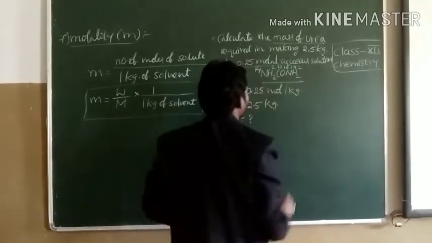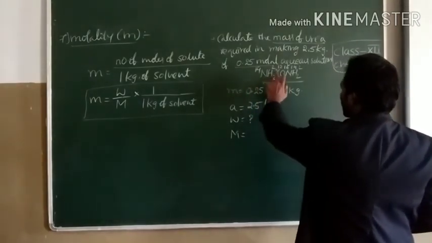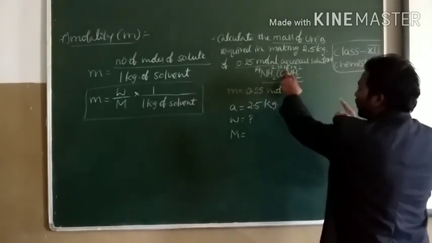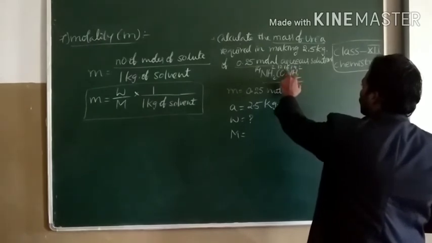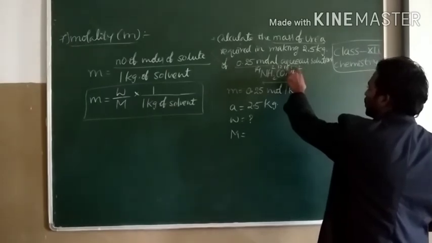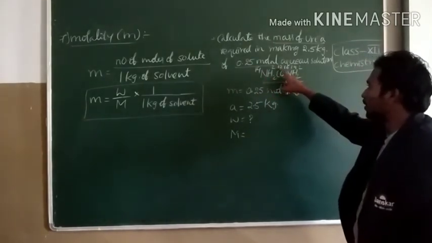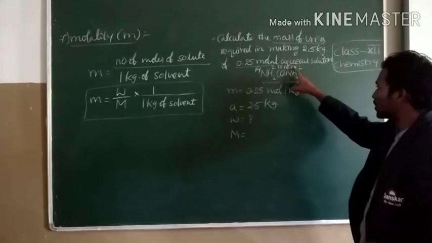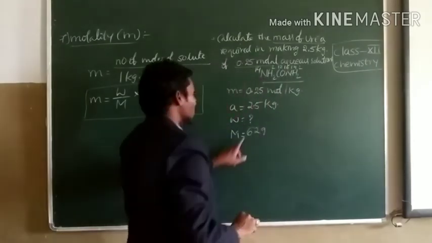Again nitrogen 14, and 2 hydrogens. 14 plus 2 is 16. 16 plus 12 is 28. 28 plus 16 is 44. 44 plus 16 is 60. 60 plus 2 is 62 grams. 62 grams is the molar mass of urea.